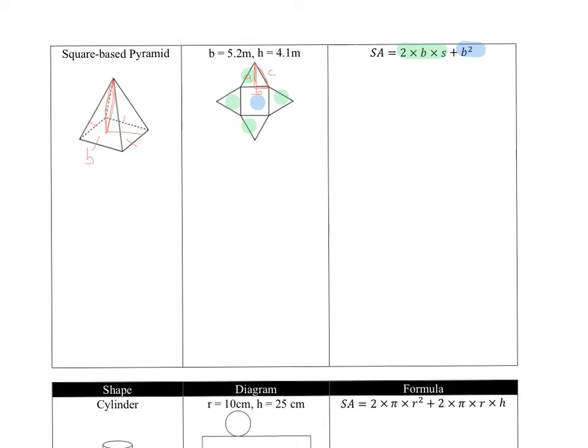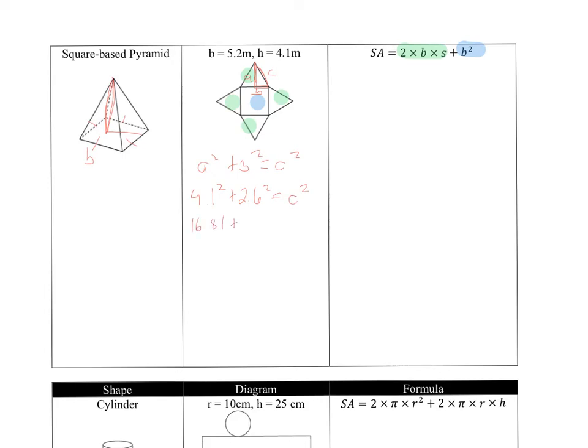Okay, so we have A squared plus B squared equals C squared. So A we know is the height, which is 4.1 squared. We know B is half of the base. So half of the base is 2.6 squared, because it's half of 5.2, equals C squared. Okay, 4.1 squared gives me 16.81.